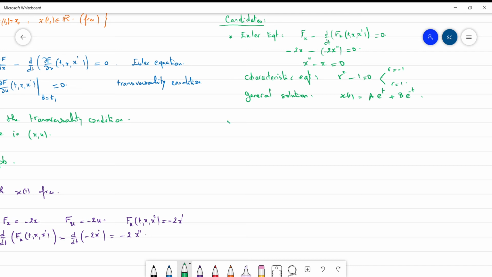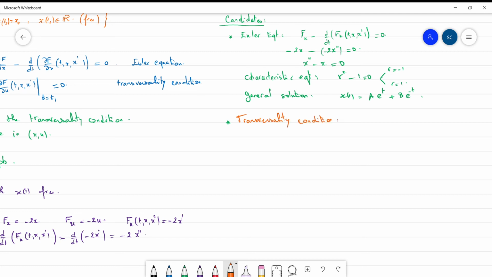Use now the transversality condition. Let's express the transversality condition.